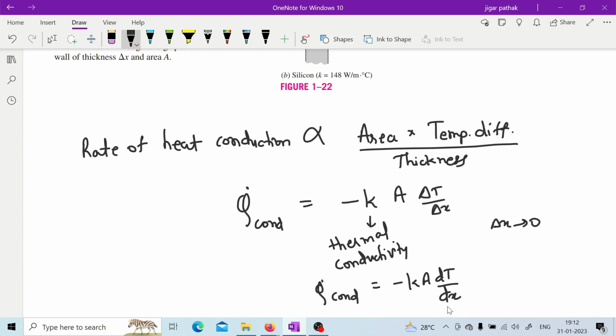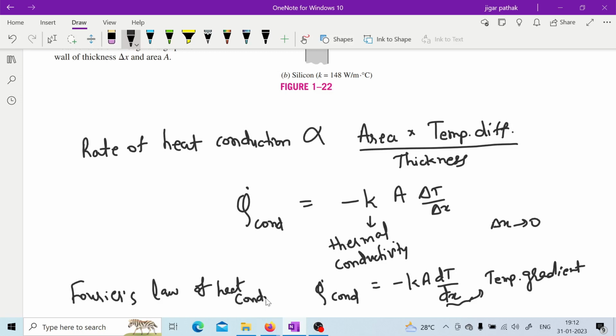This dT by dX is nothing but the temperature gradient, and this equation is Fourier's law of heat conduction. So these are the basics of heat conduction.